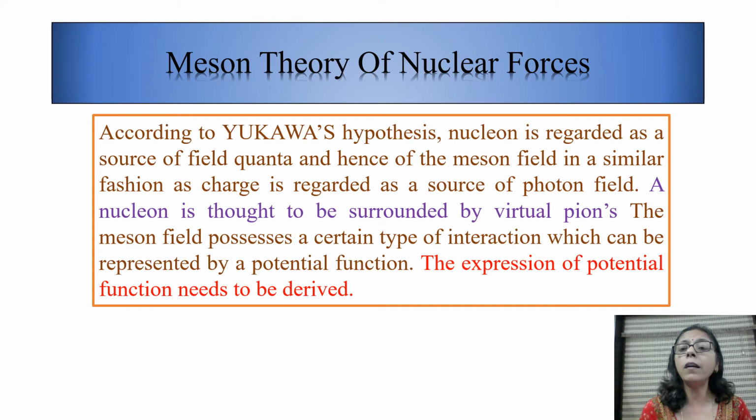A nucleon can be thought to be surrounded by virtual pions. The meson field possesses a certain type of interaction which can be represented by a potential function, and what I want to do today is to find the expression of the potential function with a simple derivation. Let us see how it is to be done.